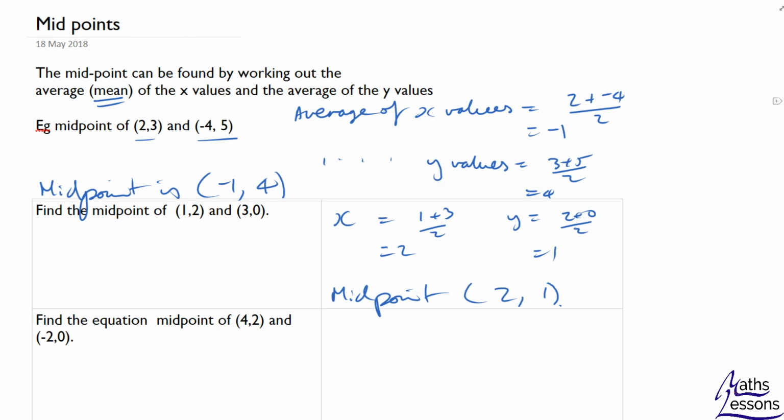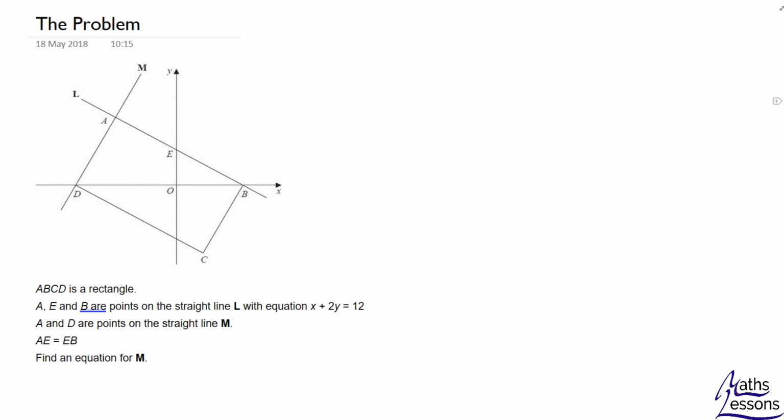Right, let's finish off. Let's have a go at this tricky problem, which my class has done before. So have a go at this problem. I'm going to give you about 4 minutes. Have a go at this problem and see where you get to.